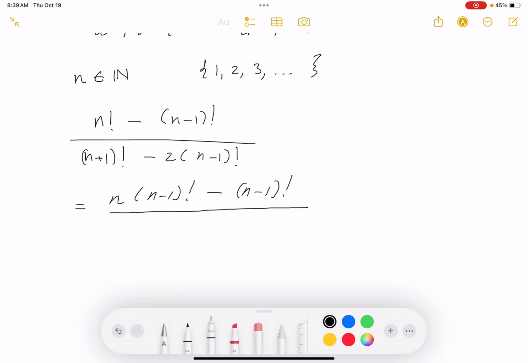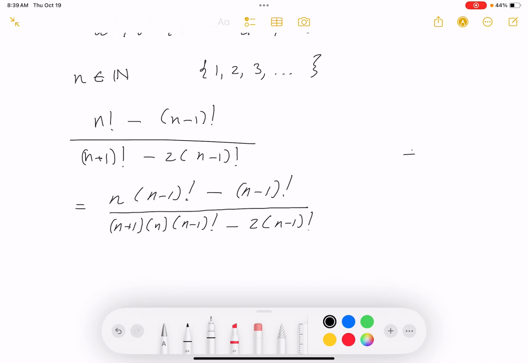I'm going to do the same thing on the bottom: n plus 1 times n minus 1 factorial, minus 2 times n minus 1 factorial.